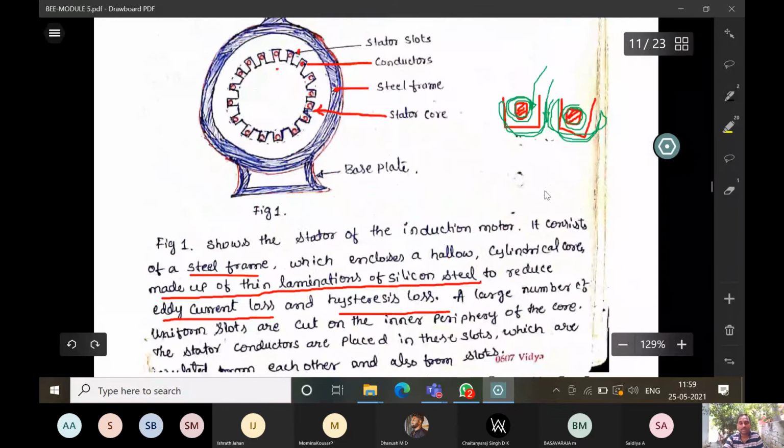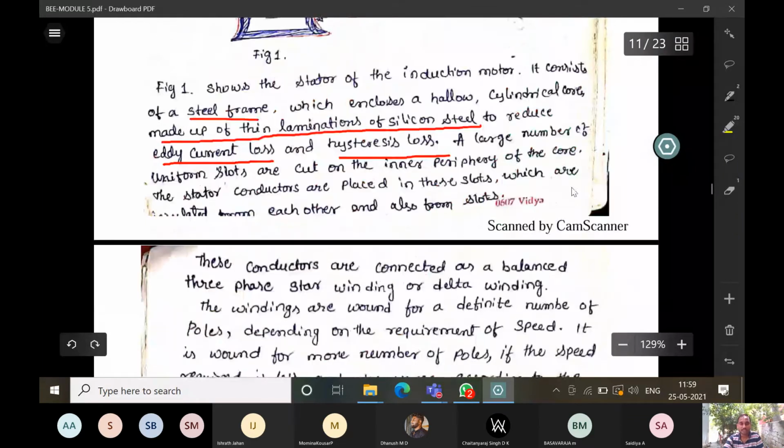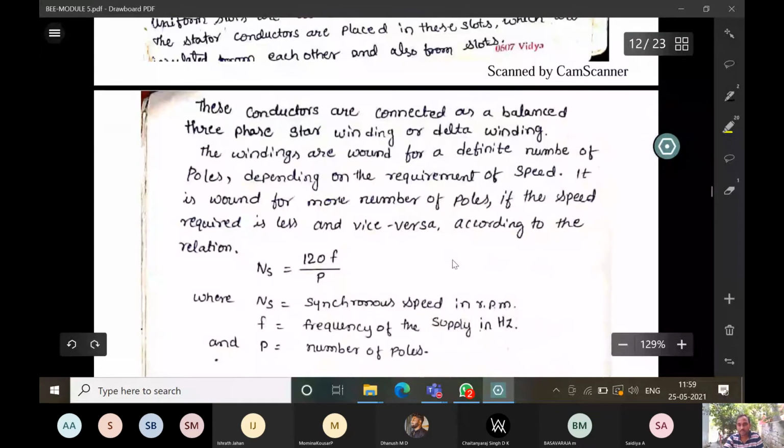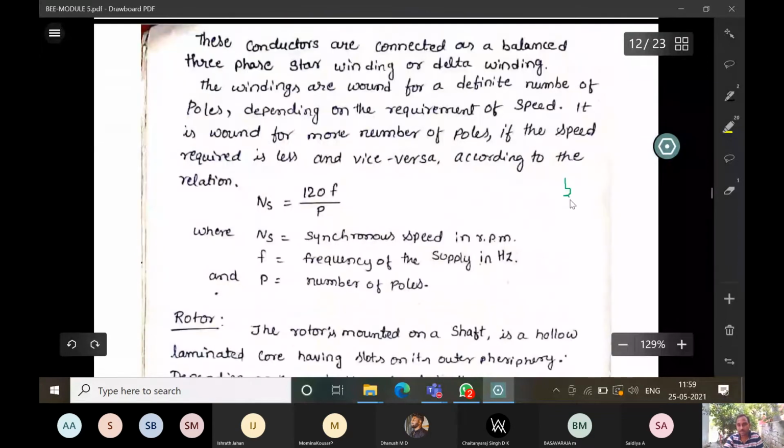These conductors are connected as a balanced three-phase star winding or delta winding. Balanced three-phase winding means all phases have equal magnitude and differ by 120 degrees.